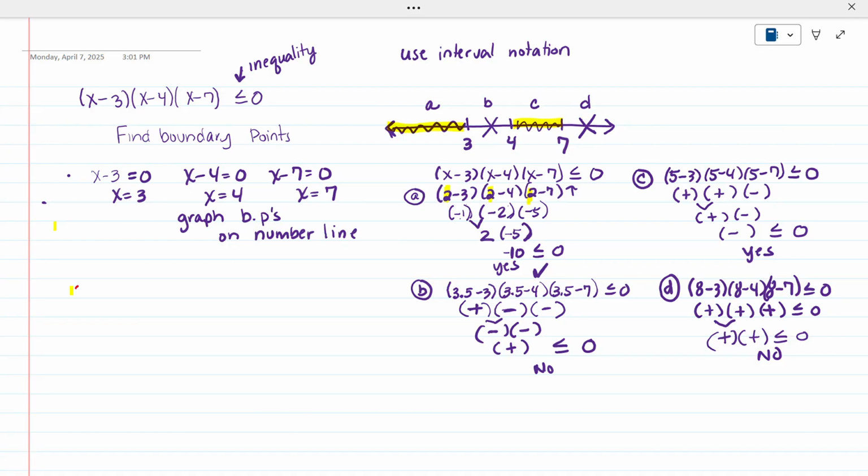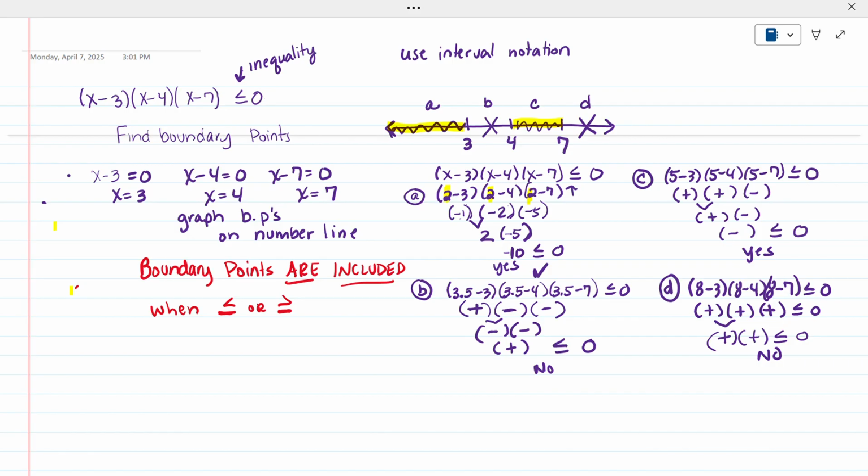Well, the answer is that the boundary points are included when it's less than or equal or greater than or equal. So in other words, it is the equal sign that tells you to include the point.